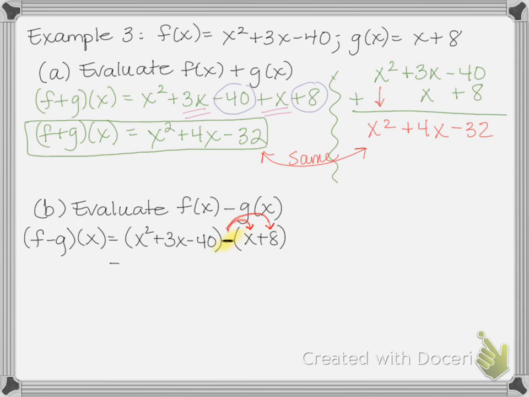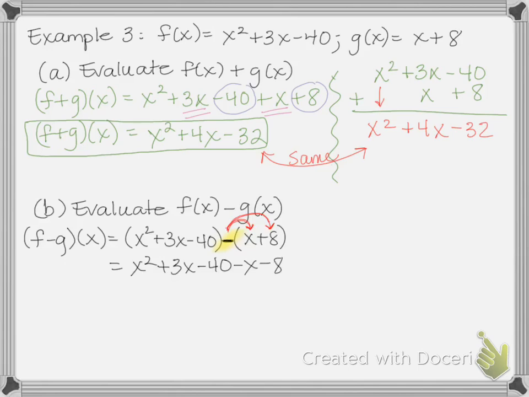So x squared plus 3x minus 40, well, it has an invisible 1 in front of it, okay? So 1 times x squared plus 3x minus 40 is just going to stay the same. But that minus or negative 1 times x is going to be a negative x, and that minus times that positive 8 is going to be a negative 8.